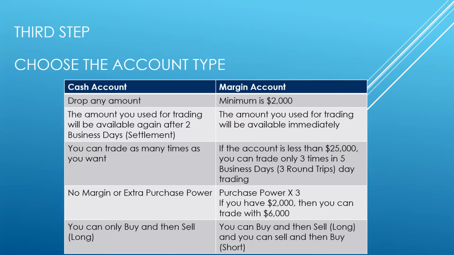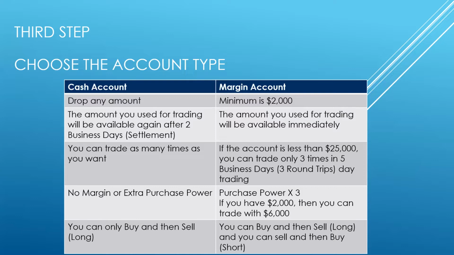Second thing is in the cash account, the amount you use for trading will be available after 2 business days. It's called settlement, which means if you buy 100 stocks of Tesla today, and then the price goes up and you sold the whole 100 stocks, the amount that you have used in order to buy the 100 stocks of Tesla, you cannot use today because it's not going to be available today.